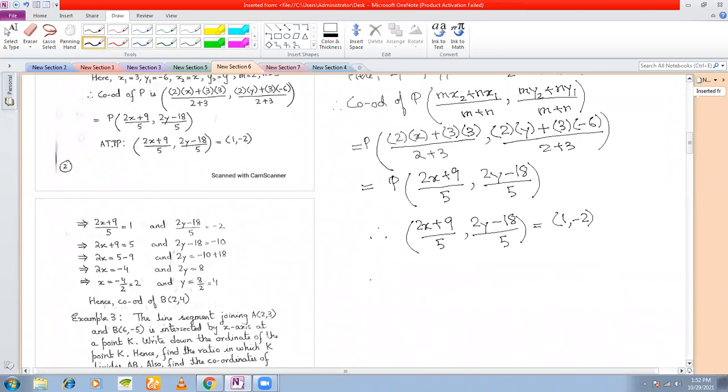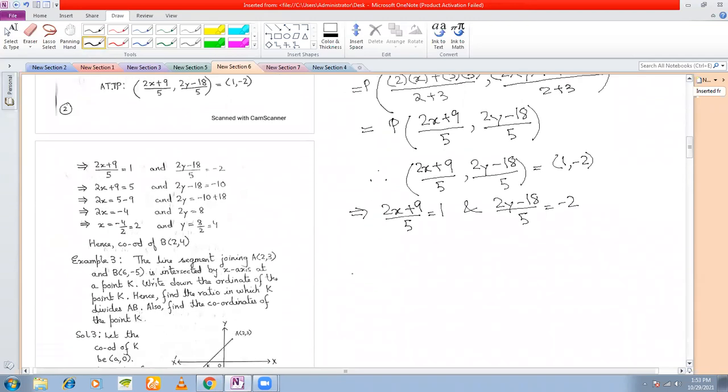That means now we can equate the x coordinate and the y coordinate separately. (2x plus 9) by 5 is equal to 1 and (2y minus 18) by 5 is equal to -2. These two are the equations that we are getting.